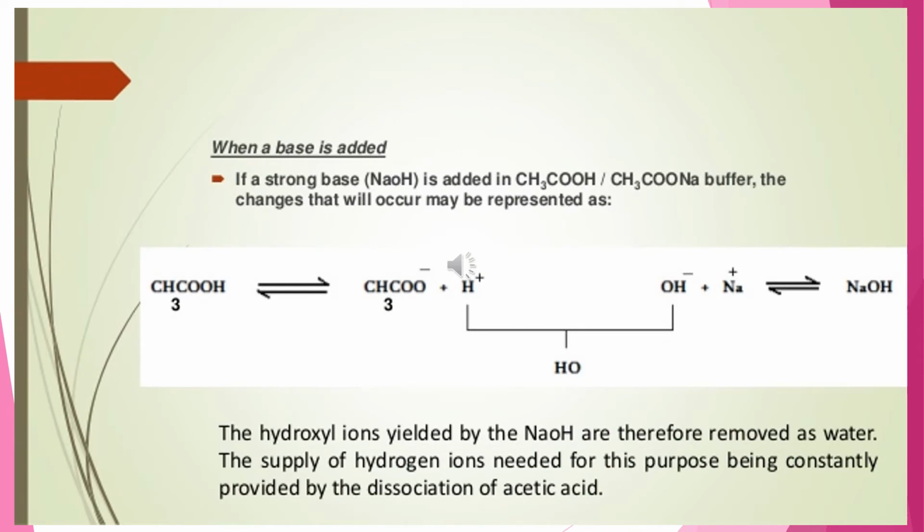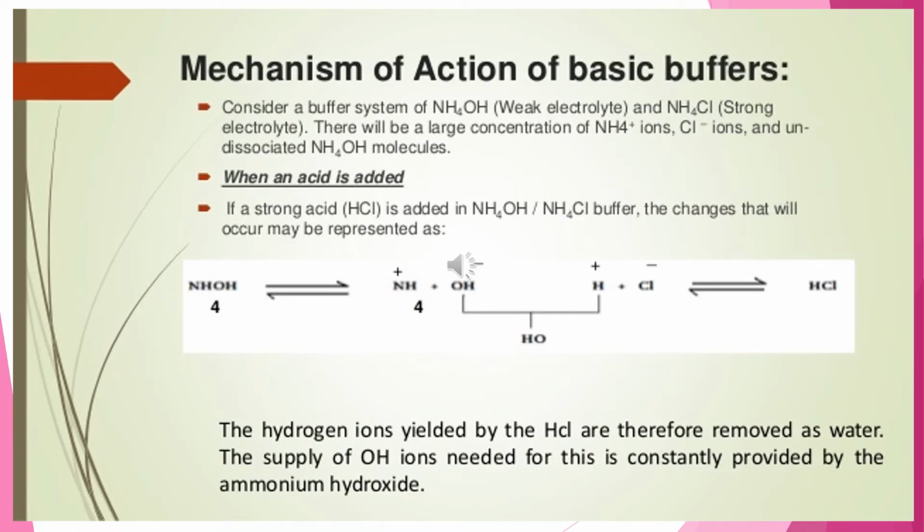When a strong base, NaOH, is added to the acetic acid and sodium acetate buffer, the changes that occur may be represented as: the hydroxyl ions yielded by the NaOH are removed as water, the supply of hydrogen ions needed for this purpose being constantly provided by the dissociation of acetic acid.